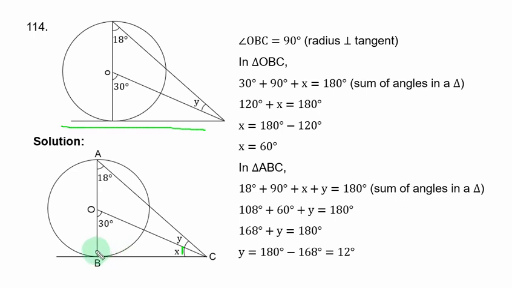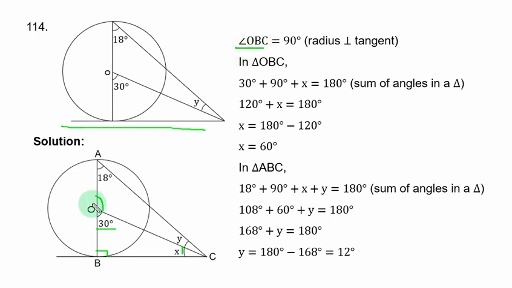Already here is 90 degrees. Or the other way, you can get this angle with the help of 30 degrees, so that you add the three angles in triangle AOC. In fact, this angle AOC is 150 degrees.